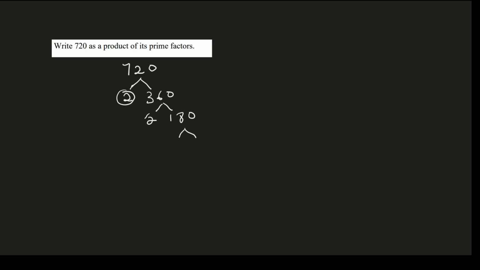2 is a prime number. We have 2 times 90. We have 2 times 45. 5 times 9. And 3 times 3.